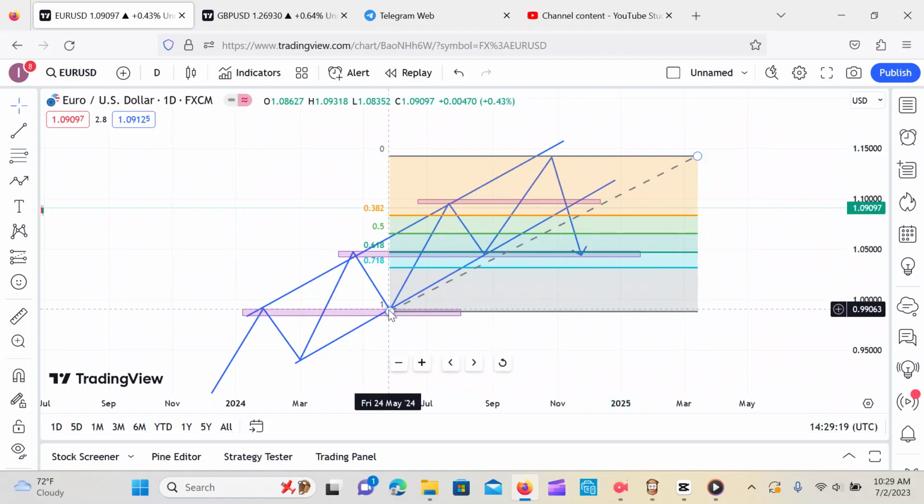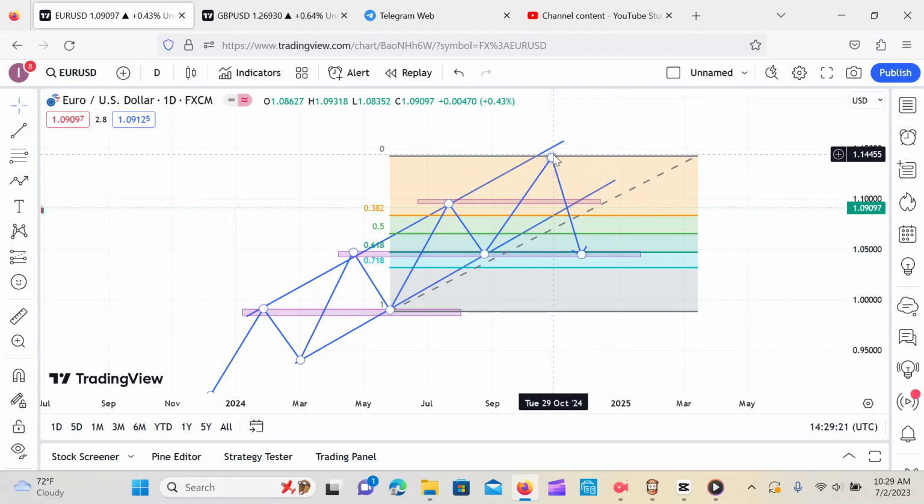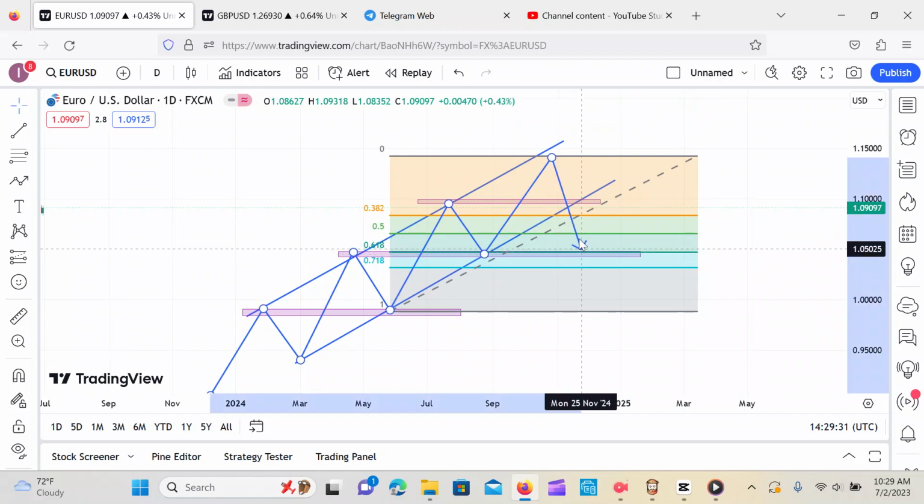From this swing low to swing high, expect price to respect either 61%, 71% or 50%. If price fails to respect your 50% right here, then it should respect your 61%.